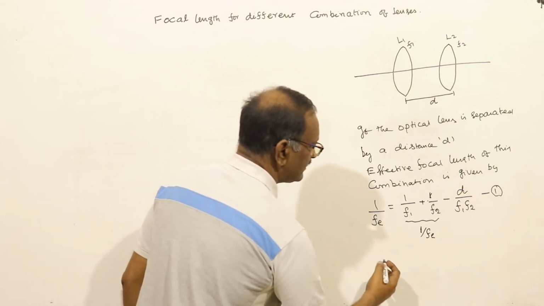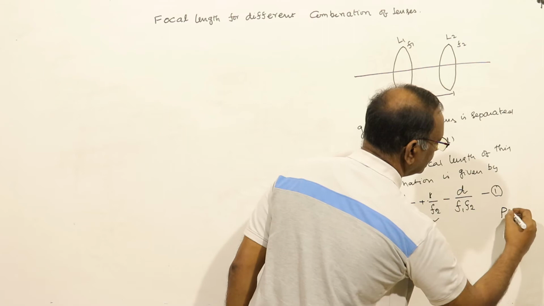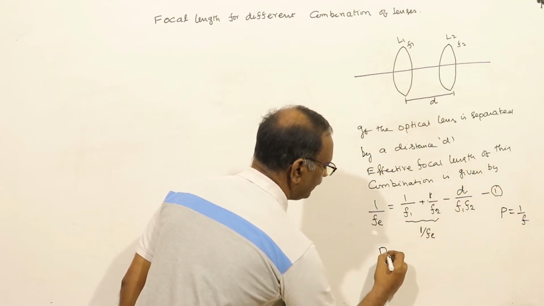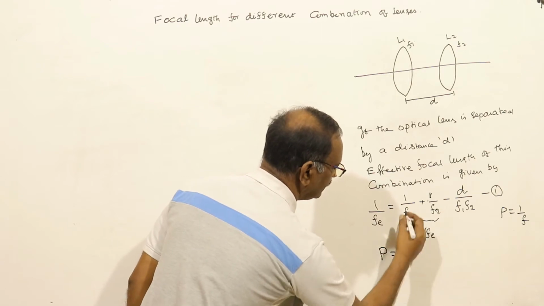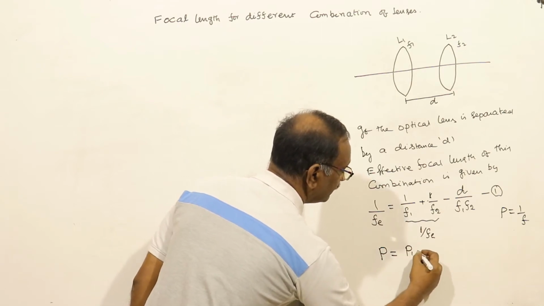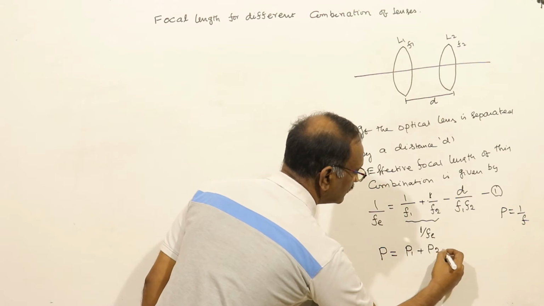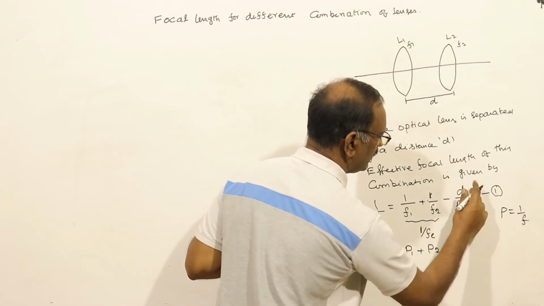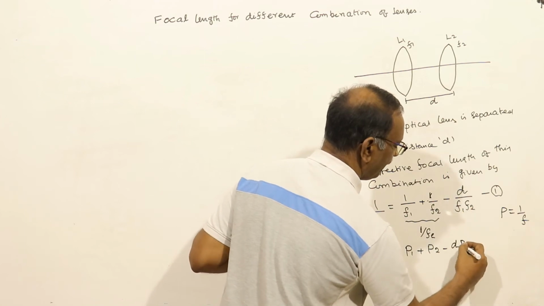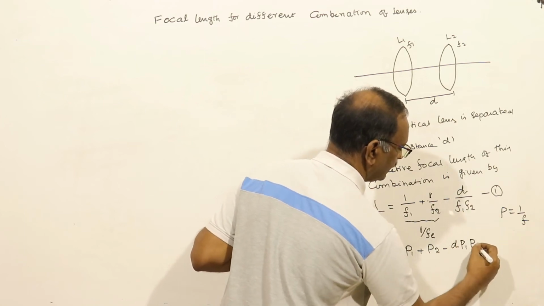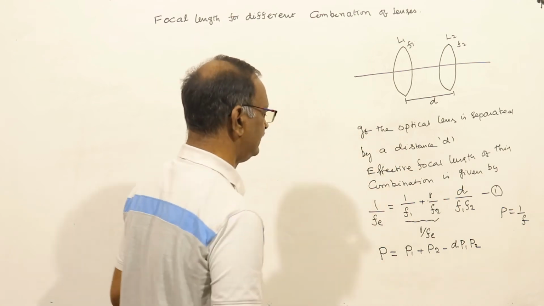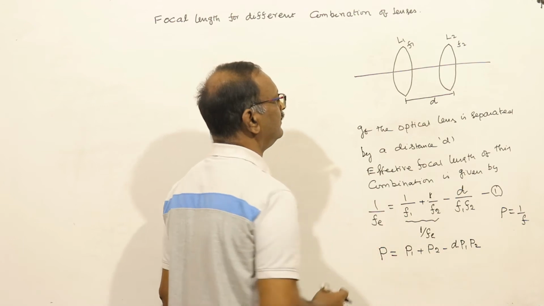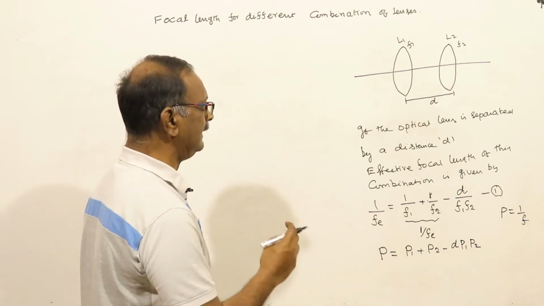Now power also we can write, since we know power is equal to 1 by focal length, so 1 by Fe is equal to effective power of this combination, which is equal to power of the lens 1 plus power of the lens 2 minus d into p1 p2, where 1 by f1 is p1, 1 by f2 is equal to p2. So this is in the case of combination of lenses separated by a distance d.